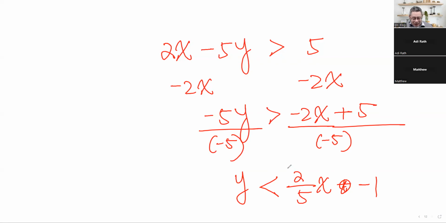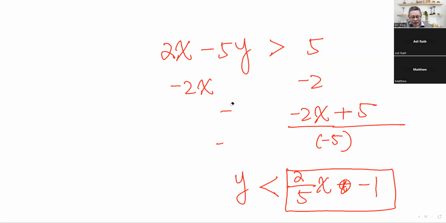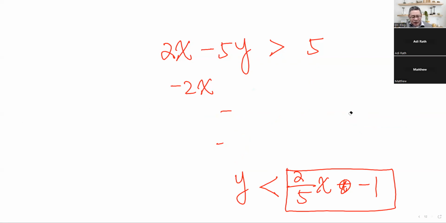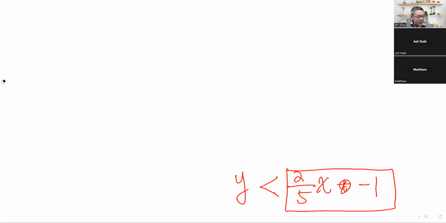If we want to draw the line here, the y-intercept is -1, and the slope is 2/5. So we can do -1.